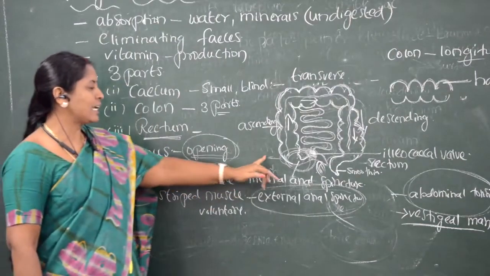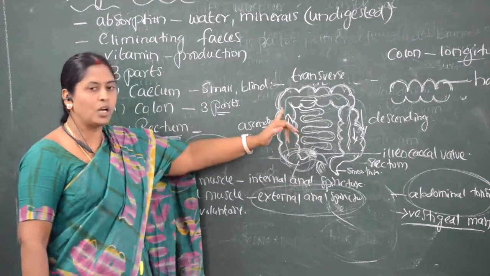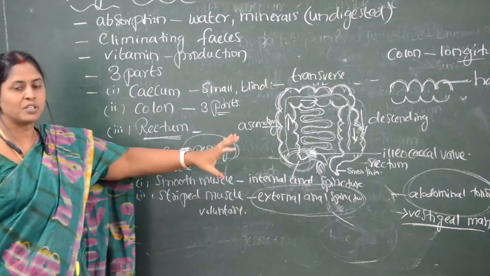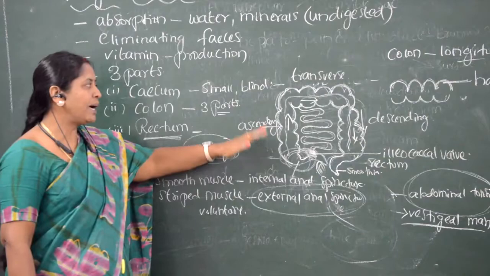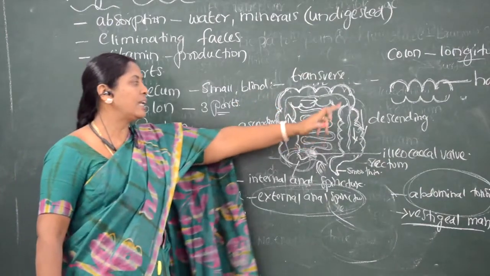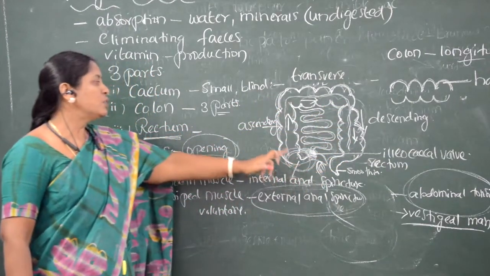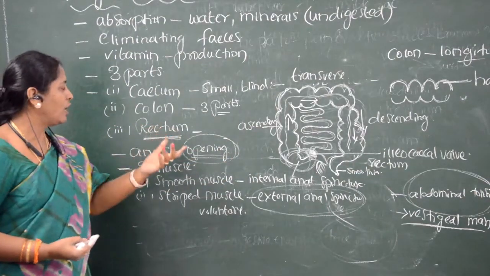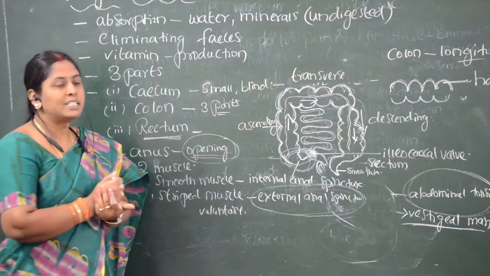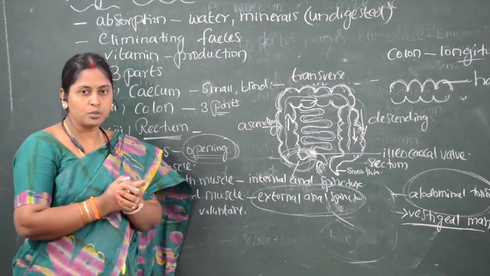Now the second part of the large intestine is the colon. The colon is a coiled structure divided into three parts: the ascending part, the transverse part, and the descending part. This is made up of longitudinal muscles.